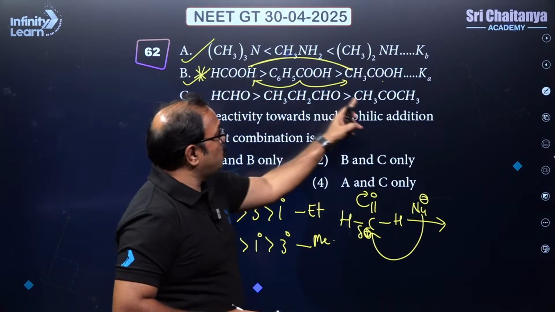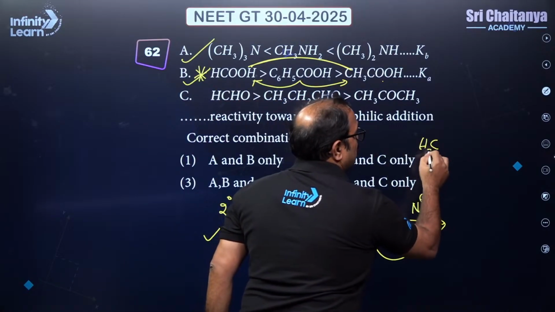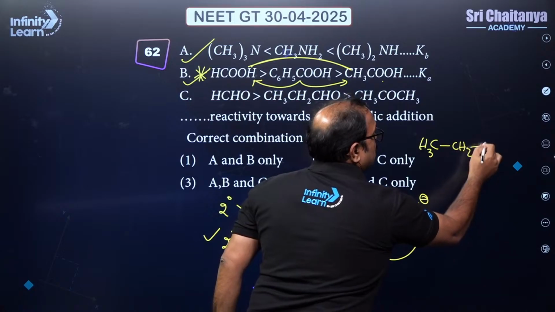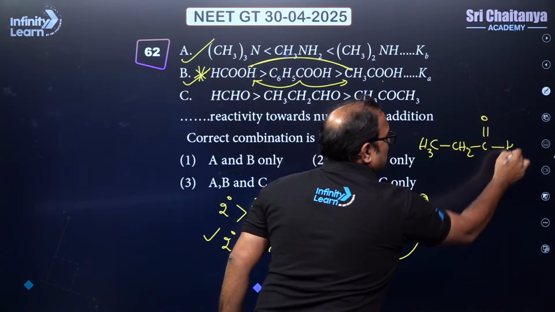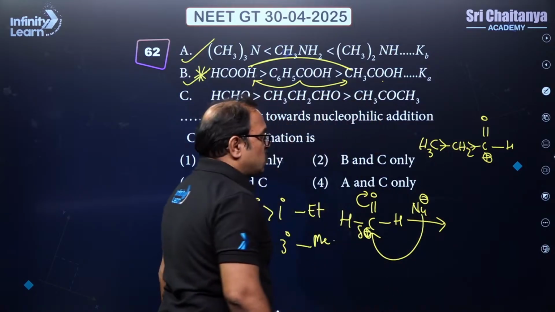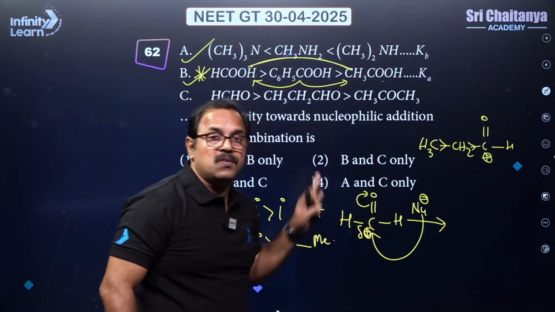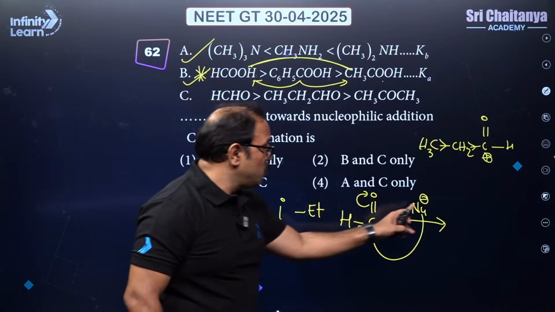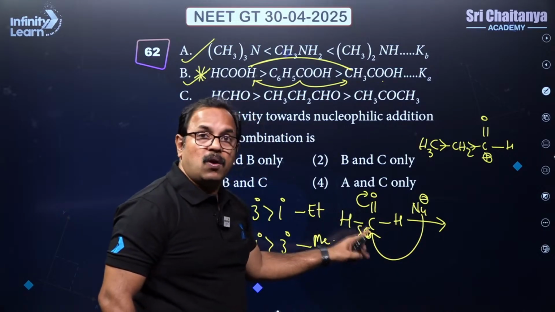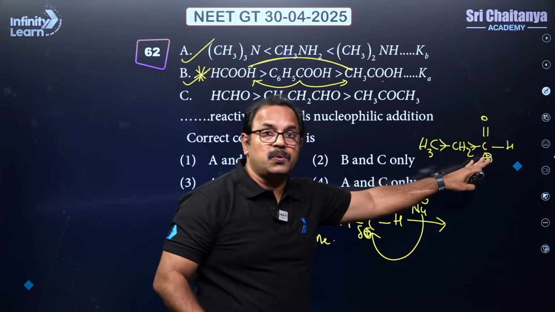Now coming to these two discussions, here there is ethyl, CH3, CH2, C double bond O. The positive charge in this case is compensated by ethyl. So therefore it is not as positive as the electrophilic carbon which you see in the case of formaldehyde. So therefore a nucleophile can easily add to the carbon of formaldehyde rather than the carbon of any other unsubstituted aldehyde.